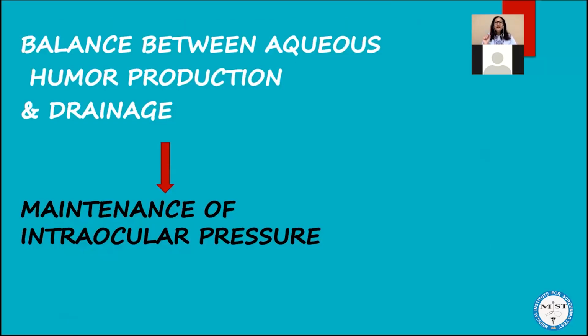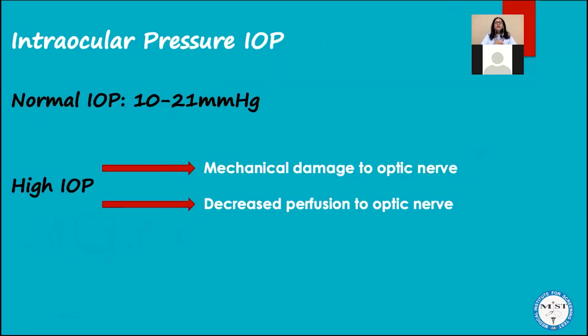For a normal intraocular pressure to be maintained, there should be a balance between aqueous humor production and drainage. Whenever this imbalance occurs, it leads to an increase in intraocular pressure. So what is the normal range of intraocular pressure? Friends, the normal range of intraocular pressure in an eye is between 10 to 21 millimeter of mercury.